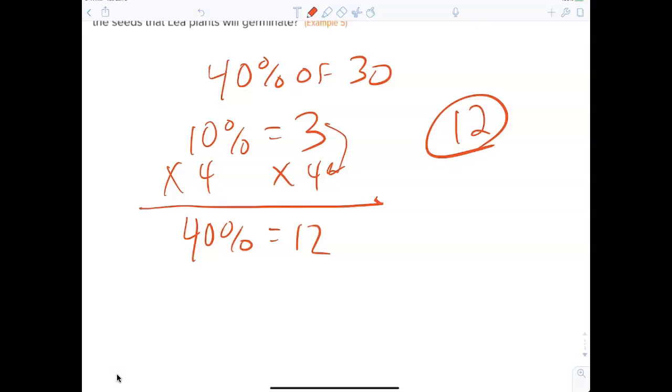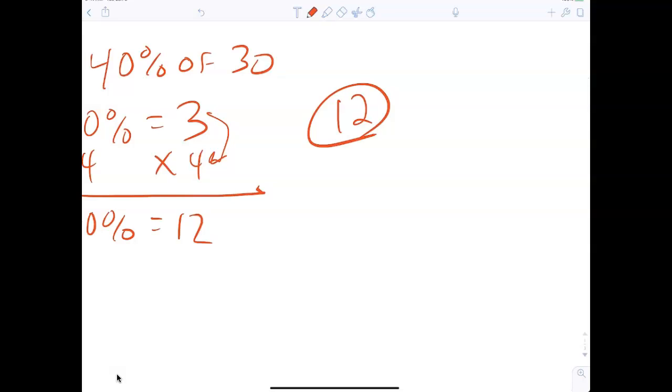Right? So if I said, let's say, I want to know 60% of 20. What's 10% of 20? 2.